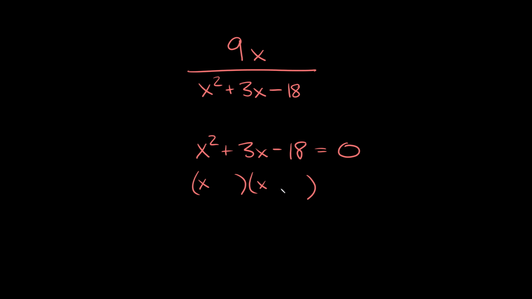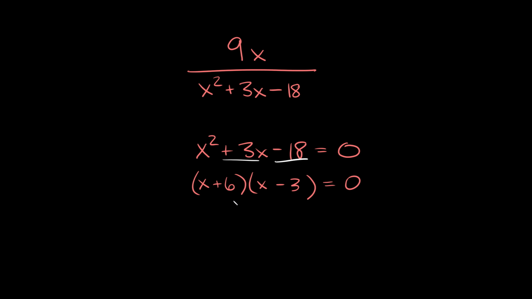And then here we need two numbers that multiply to negative 18, but add up to positive 3. So in this case, that would be a positive 6 and a negative 3. Because 6 times negative 3 is equal to negative 18, but 6 minus 3 is equal to positive 3. So these are our two factors, and again, we're setting those equal to 0.